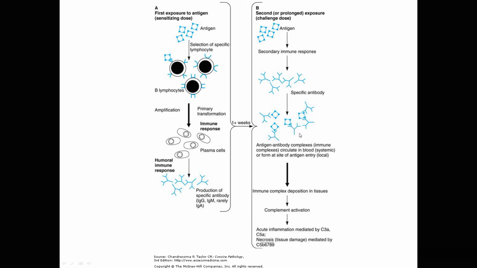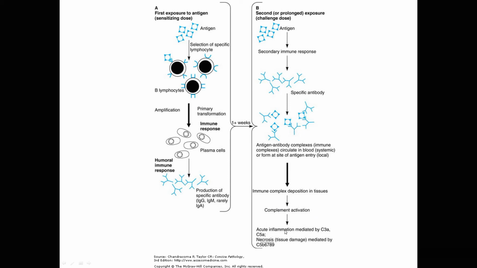These complexes will circulate in the blood in the systemic form of the reaction, or may be deposited at a site of antigen entry, the local form. Immune complex deposition in tissue, as already known, activates the complement system.